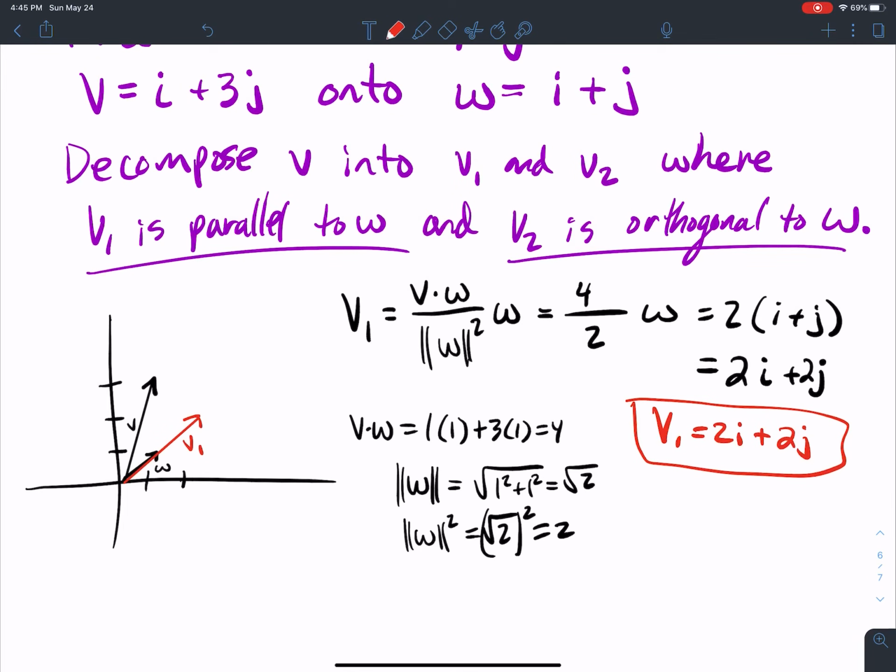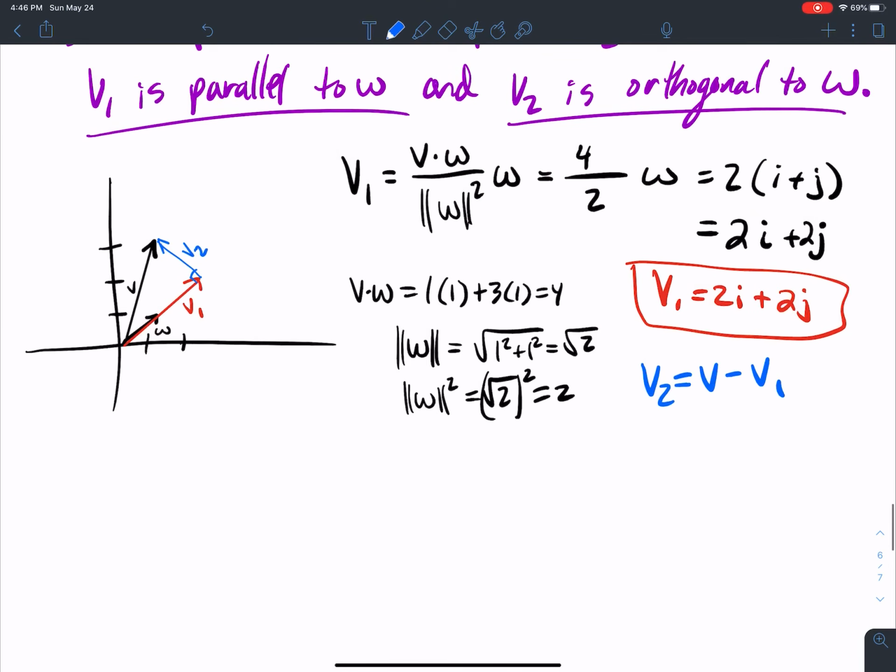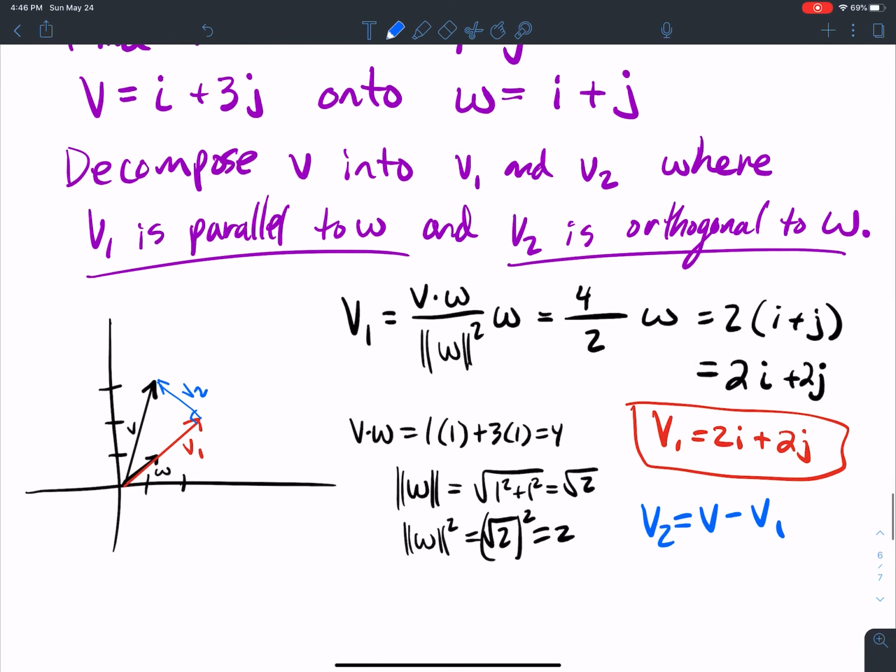Now I need a V2. So V2 is going to do something like this. That's my V2. How do I get V2? V2 is equal to V minus V1. So V is i plus 3j minus V1, which is 2i plus 2j.